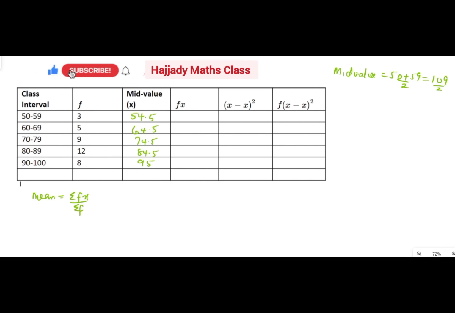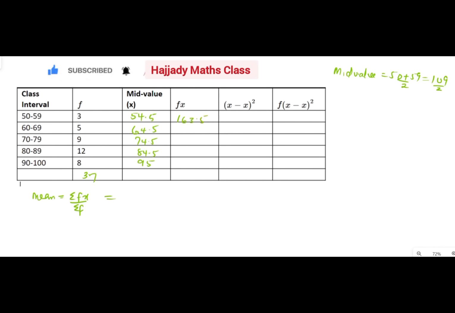So we need to know the summation of our frequency, that is 3 plus 5 plus 9 plus 12 plus 8, and that is going to give us 37. Okay, so now we need our fx, that means frequency multiplied by x. So using your calculator, 3 times 54.5 is going to give us 163.5.